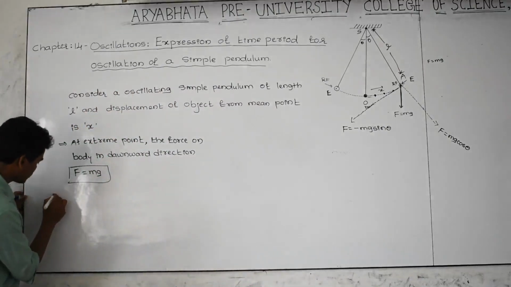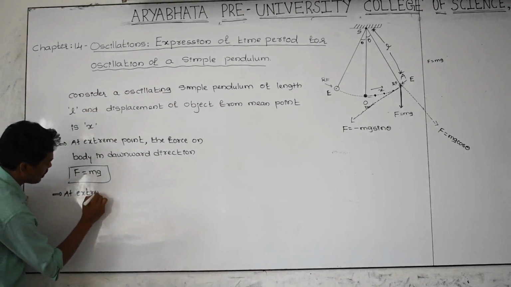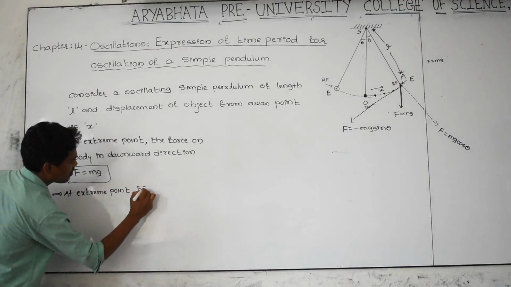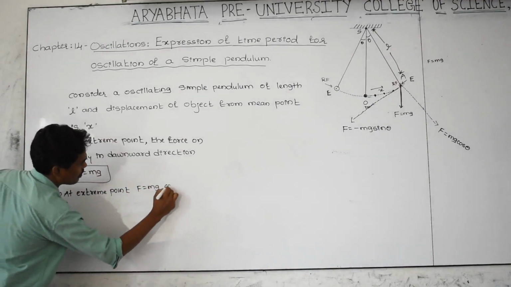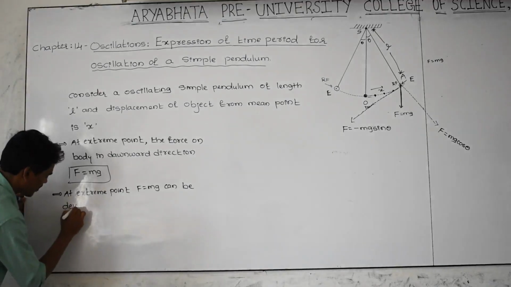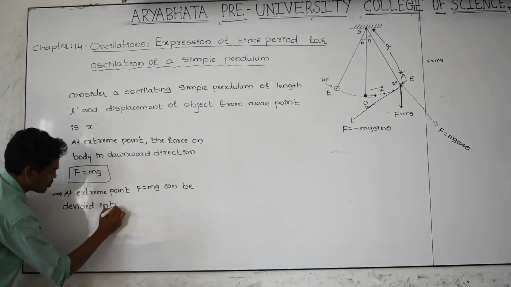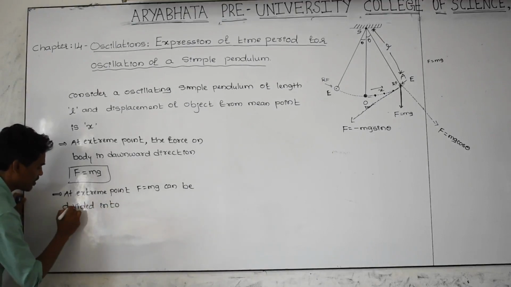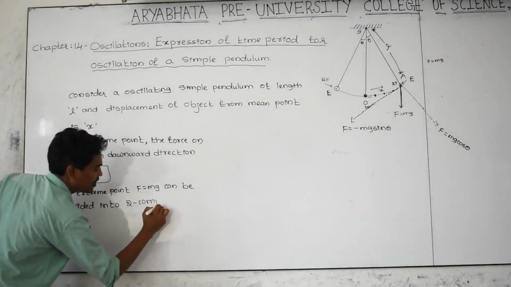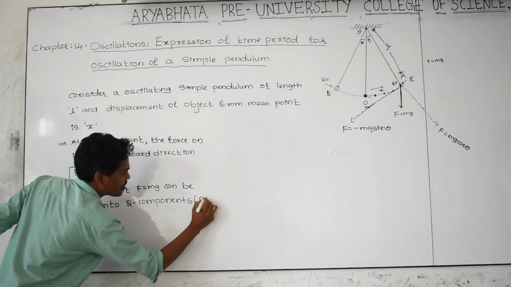At the extreme point, F equal to mg can be divided into two components. Components means parts.